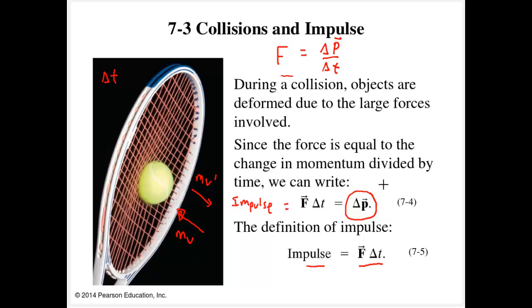That's going to be a number. What I can then do is say, I know that it was applied for a certain amount of time, so I can solve for how much force this tennis racket applied to the ball.